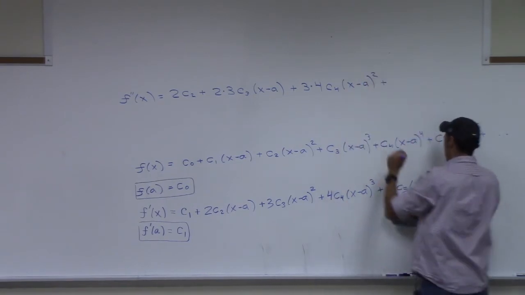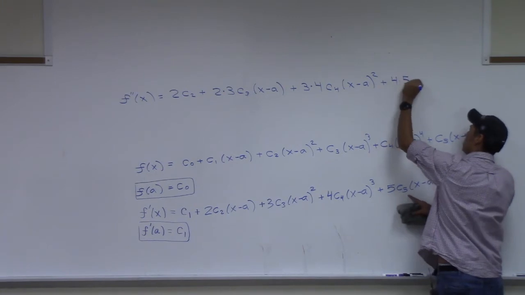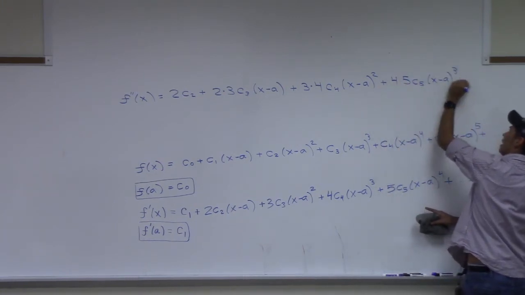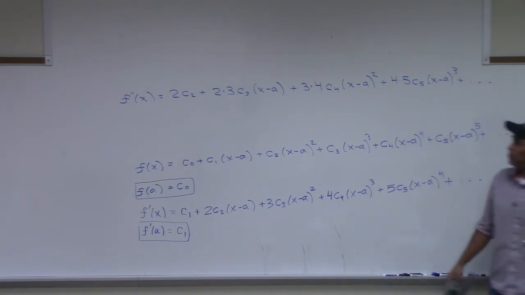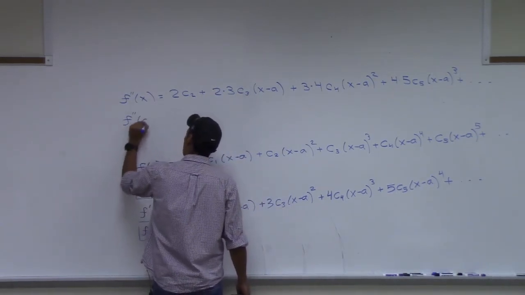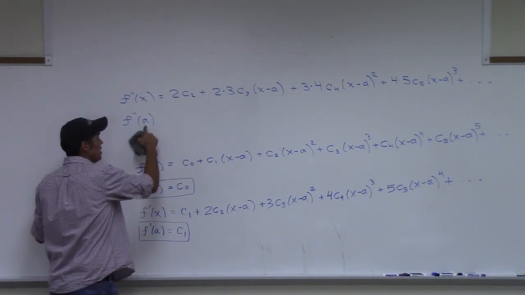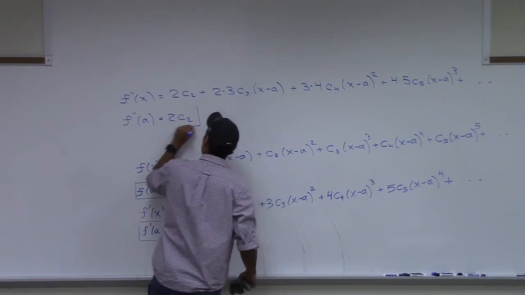And then this next one's going to be 4 times 5, c sub 5, x minus a to the 3rd, and so on and so forth, right? So now what I do is I plug in a into the second derivative. What is the second derivative of the function at a equal to? 2c sub 2. Okay.